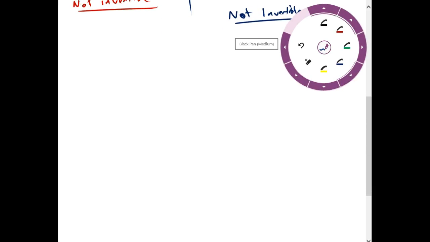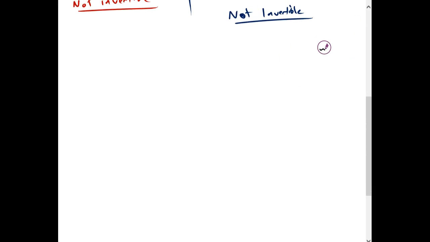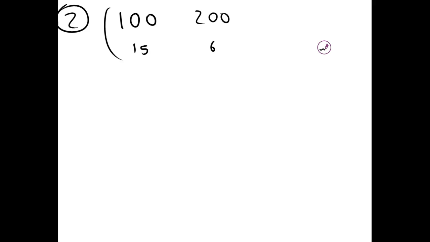Okay, so now we're going to actually invert some matrices. So our second example is we have a matrix 100, 200, 15, 6, and we're asked to find the inverse of this.